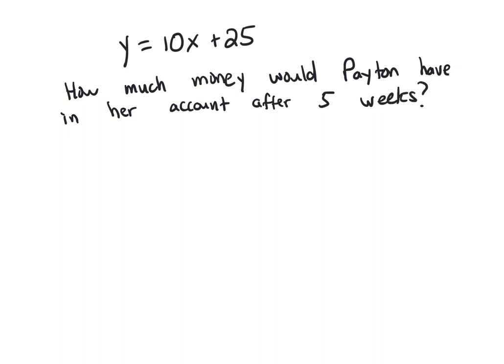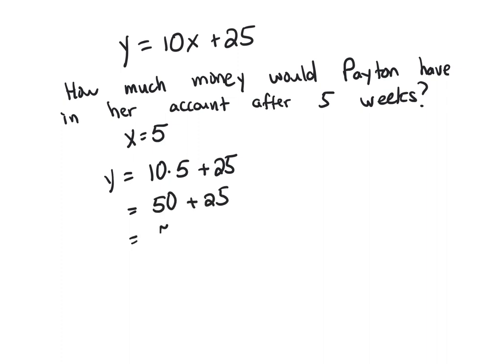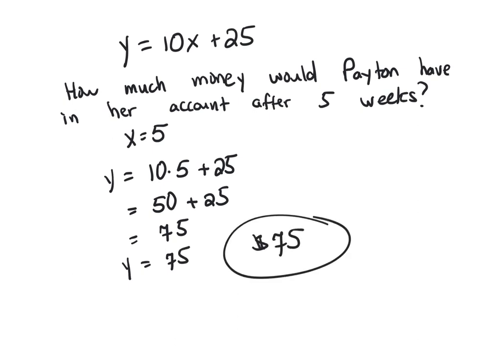That just means we're going to figure out what y equals when x equals 5. So we plug in 5 there. We do 10 times 5, which we know is 50. 50 plus the original 25 gives us 75. So that tells us y is going to equal $75, or Peyton would have $75 in her bank account after 5 weeks.